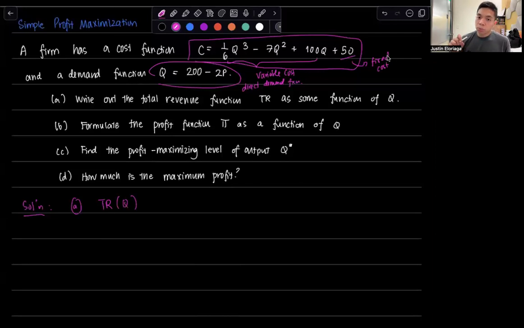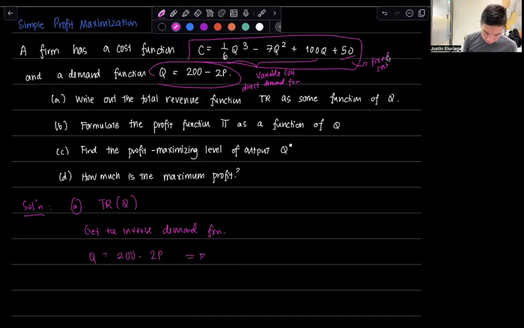Here we need an intermediate step. Our demand function is a direct demand function, which means it's a function of P. But the problem asks for a solution as a function of Q. So we need to get the inverse demand function. Q equals 200 minus 2P.